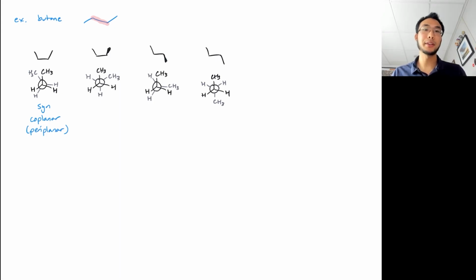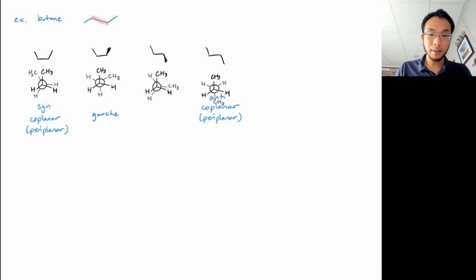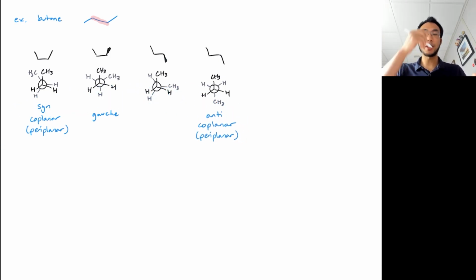In many other resources you'll see the word periplanar used instead of coplanar, but they're intended to mean the same thing here. When you have a staggered conformation that is not the lowest in energy, we call that a gauche conformation. And finally, when you have the staggered conformation that puts the two largest groups opposite of each other, we call that the anti-coplanar or the anti-periplanar conformation.